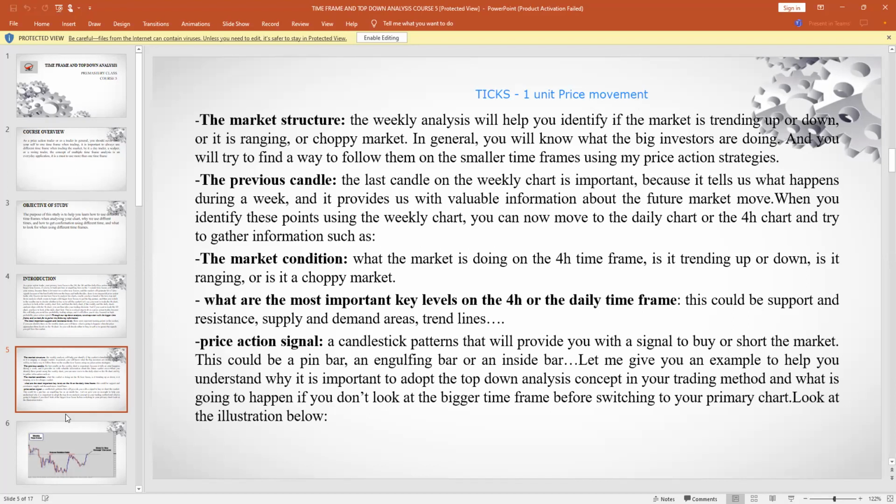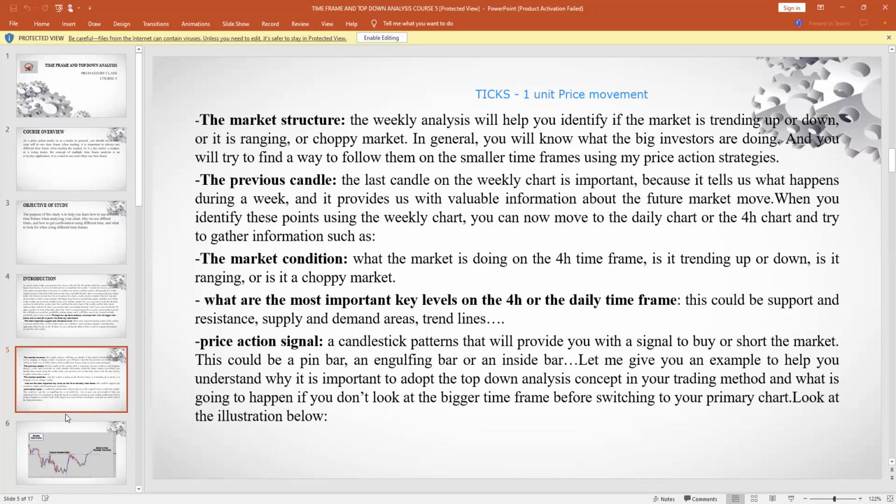So when you've checked the market structure on the weekly time frame, the next thing you want to check is the previous candle. What was the last candle on the weekly time frame? It's important because it tells us what happened during the previous week. It provides us with valuable information about what the future market move will most likely be.